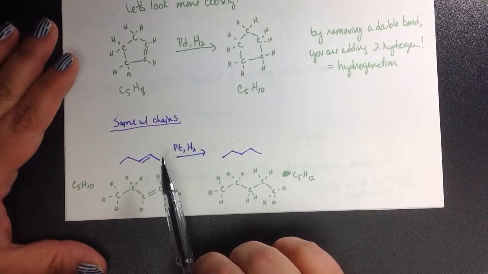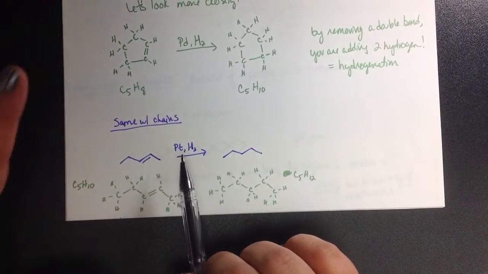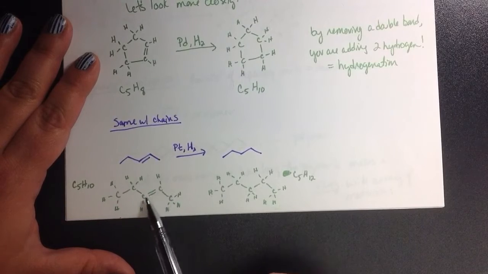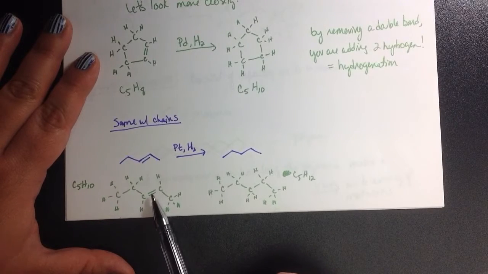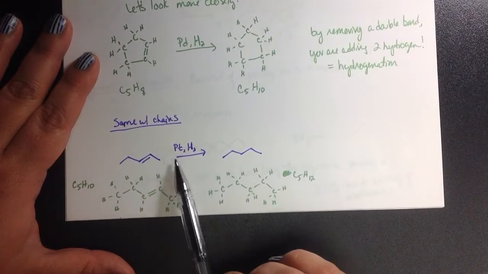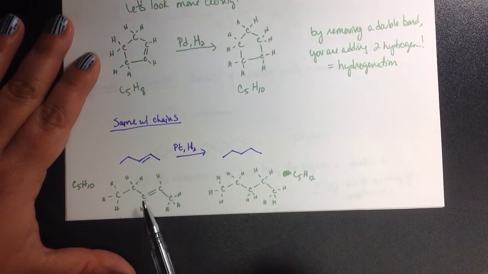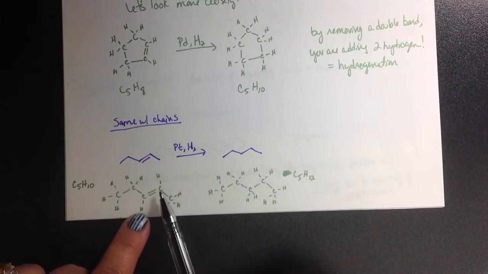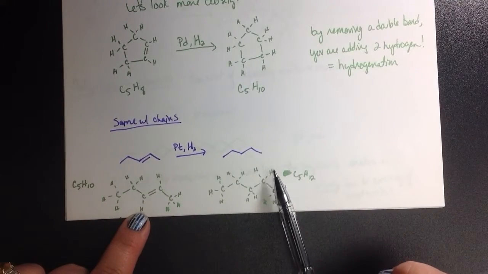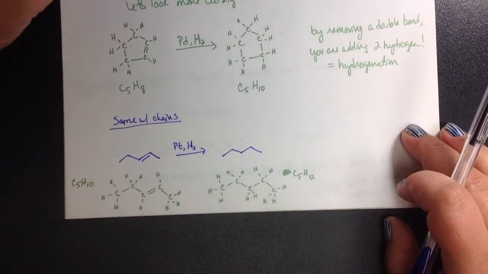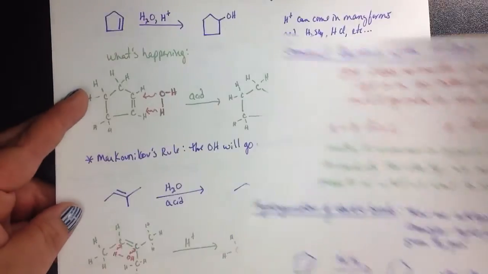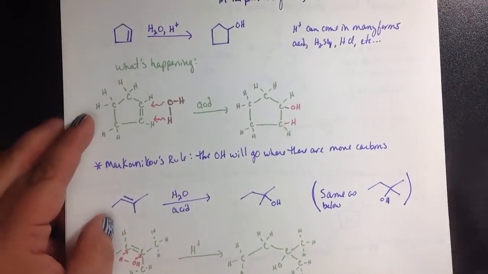Actually, there's probably lots of things that we can use, but that's all you really need to know for right now. So here we have a double bond, and again, by taking this to a single bond, what we're adding right here is another hydrogen, and what we're adding right here is another hydrogen. Sorry, I probably should have made that a different color, but if you want to do that, feel free. Okay, that's the first reaction.